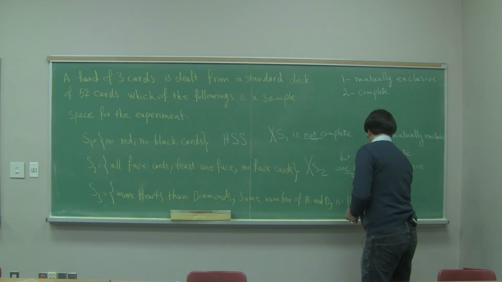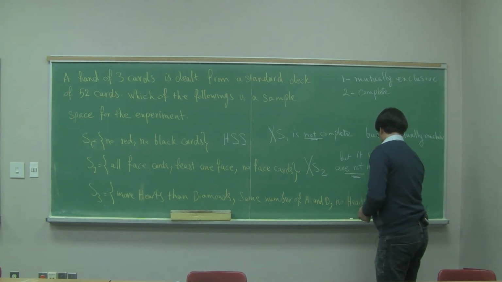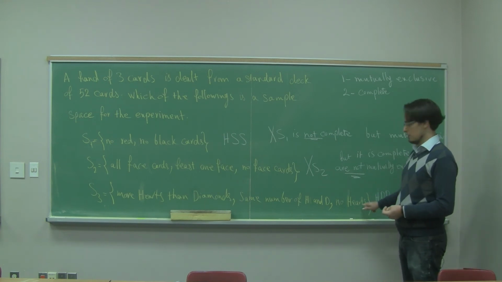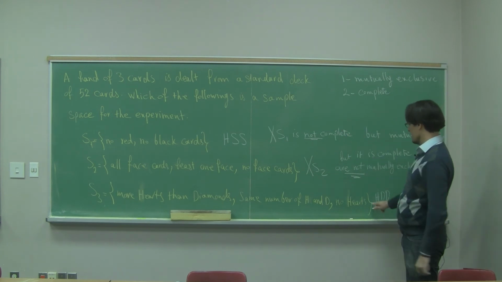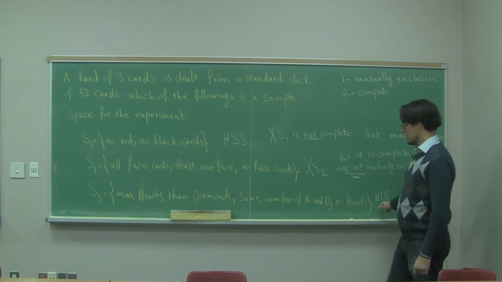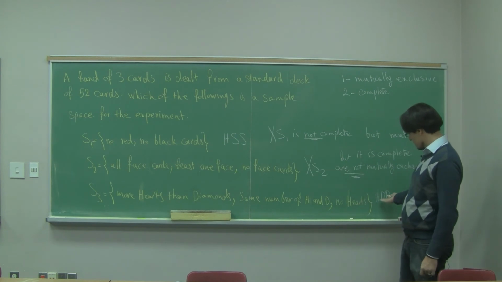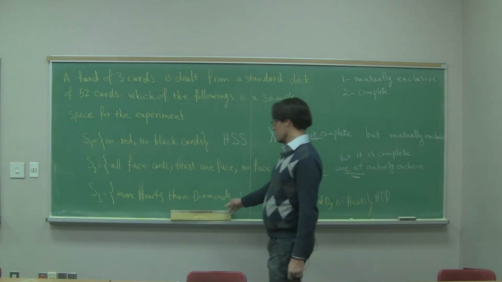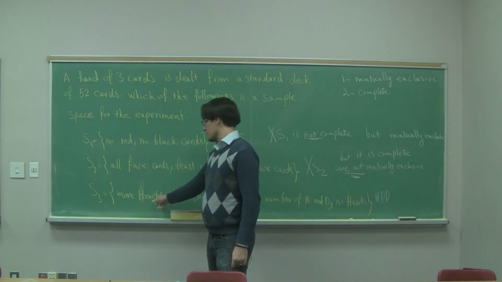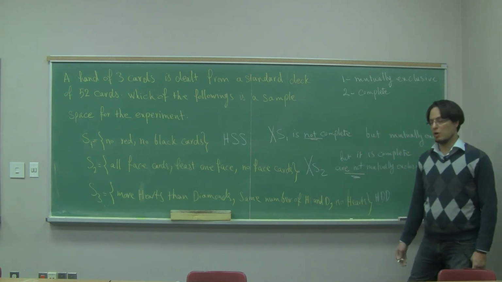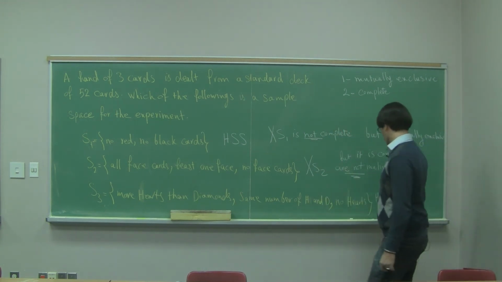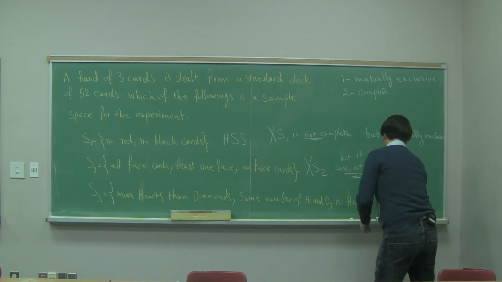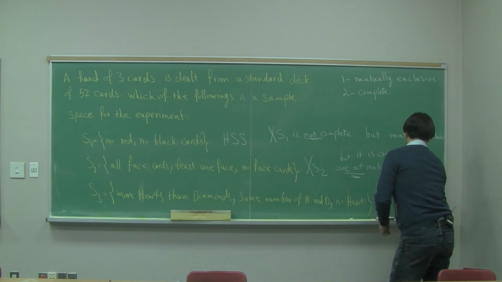So if I have 1 heart, 2 diamonds, as you can see, it's not included here. This is a result for that experiment. It's not included here because it doesn't have the same number of hearts and diamonds. And it's not included here because here we're supposed to have more hearts, but here we have fewer. So it's not complete. So S3 is not complete.